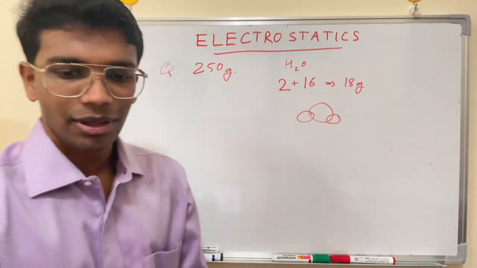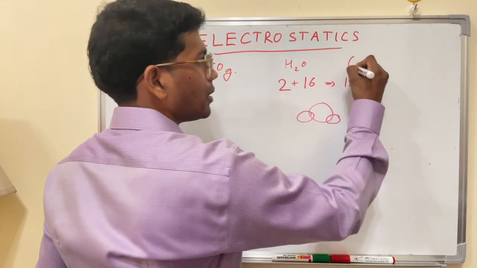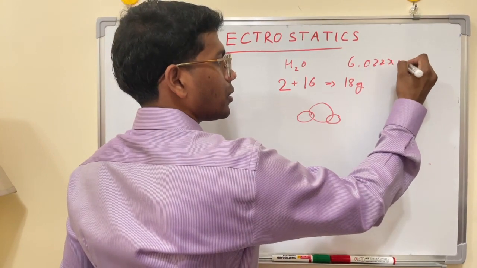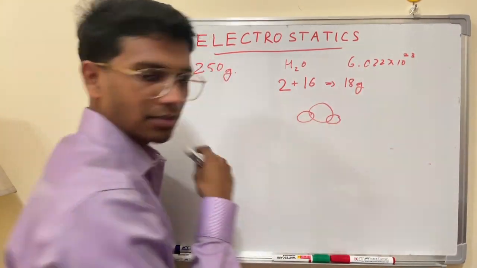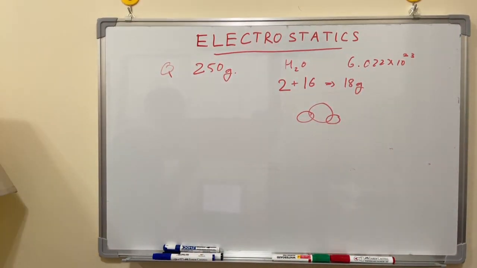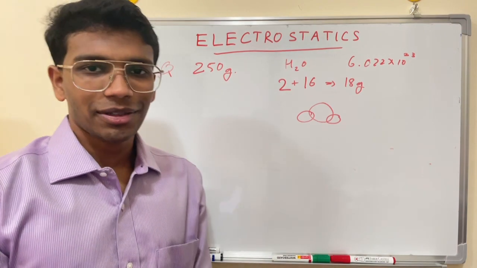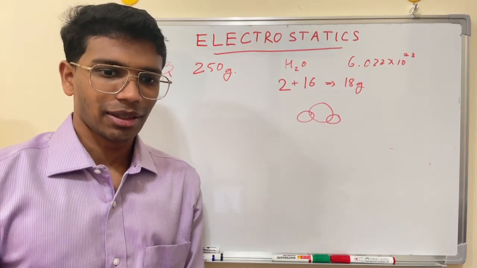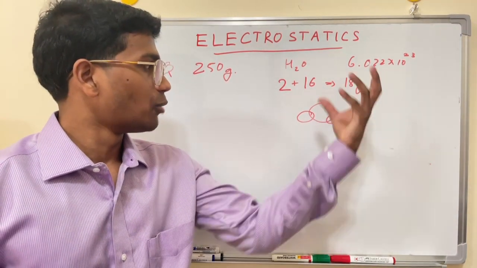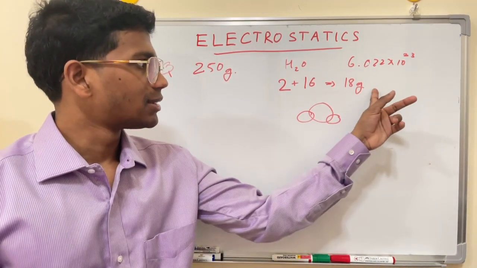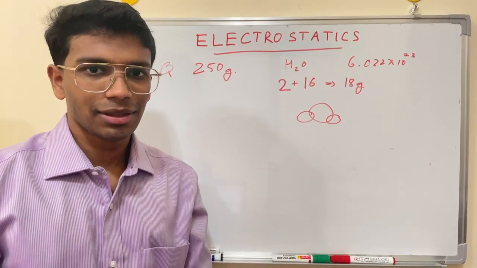So 1 mole is around 6.022 into 10 to the 23 molecules, and that has a weight of 18 grams. We know this.